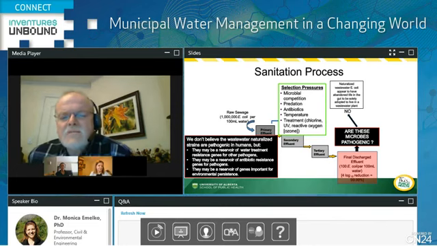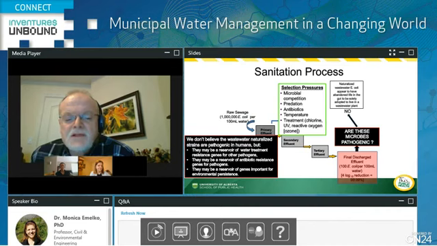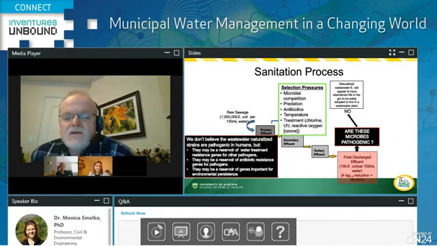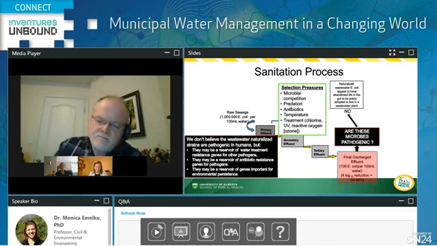We know that because they've developed these mechanisms, they may act as a reservoir of water treatment resistance genes for other pathogens. They may be a reservoir for antibiotic resistance genes. And they may be a reservoir of genes important for environmental persistence, allowing them to survive longer in the environment.